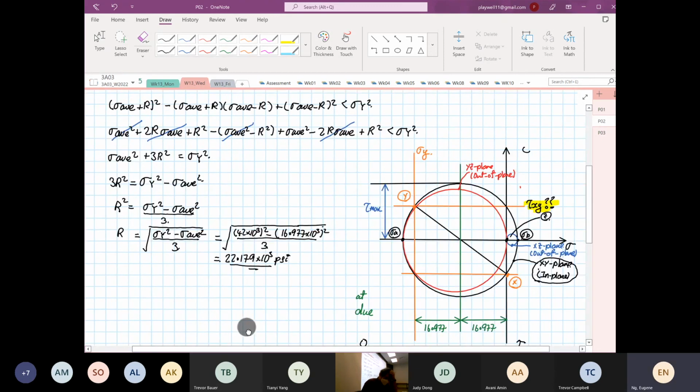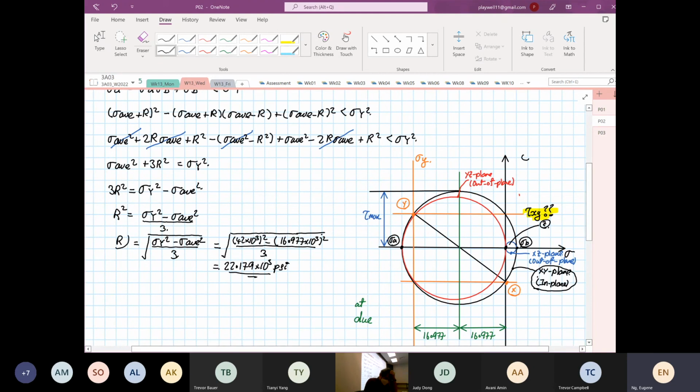So how we get this R over here is by using the von Mises criteria. And we found that the R over here is this distance over here. So this is our radius, R, which is equal to 22.179 times 10 to the power 3, right?